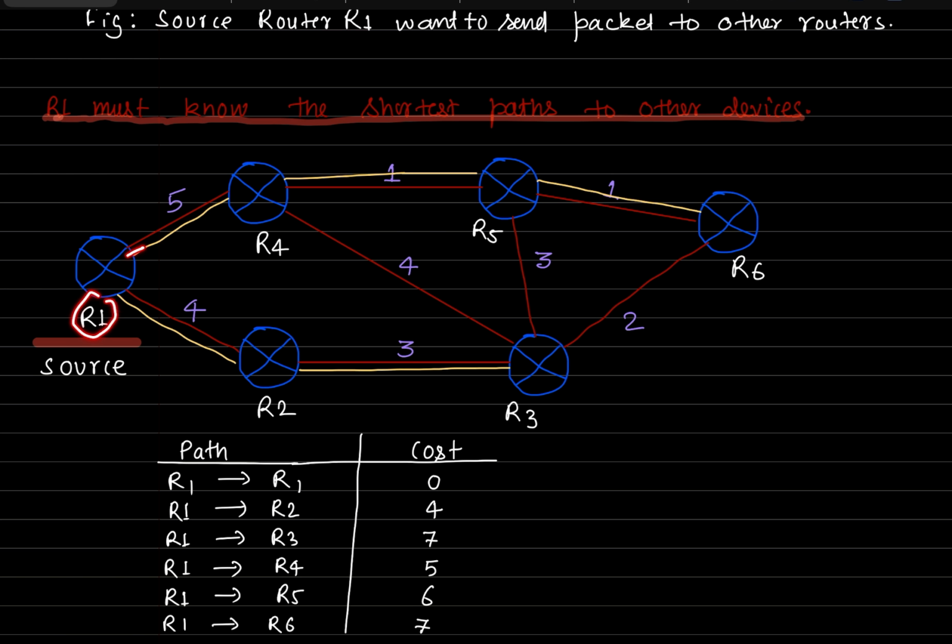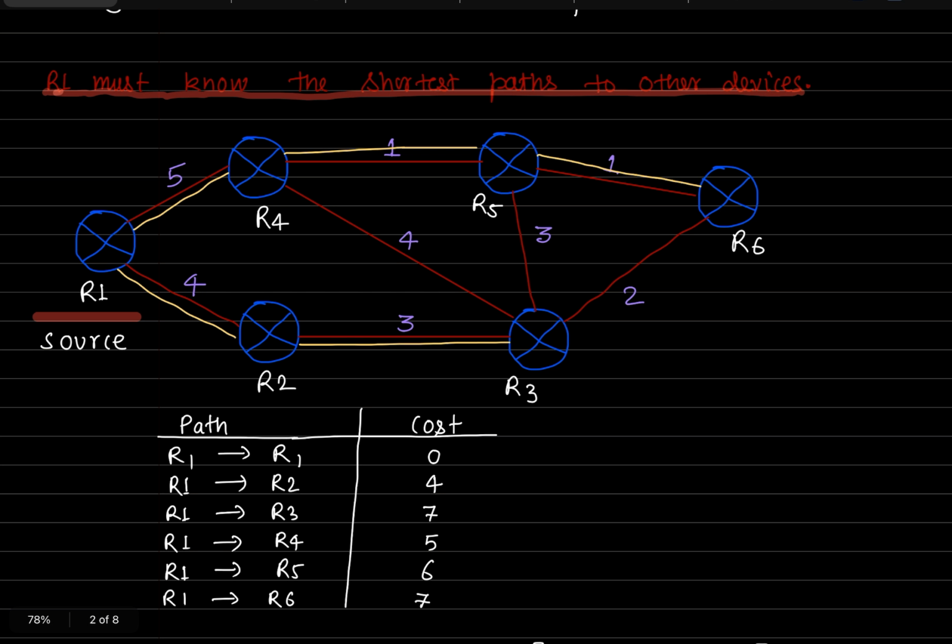If we want to go from R1 to R4, we need to pay a price of 5 units. If we want to go from R1 to R5, we pay 5 plus 1, 6. Similarly, if we want to go from R1 to R2, we have to pay 4. If we want to go from R1 to R3, we pay 4 plus 3, 7. This is the tree we get.